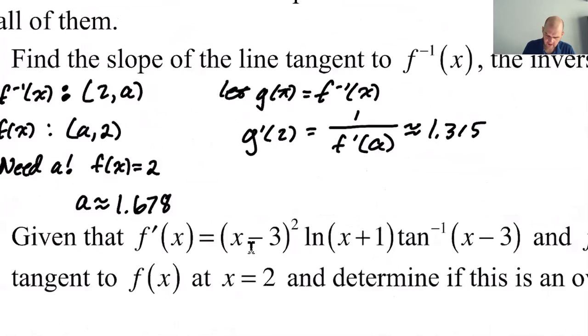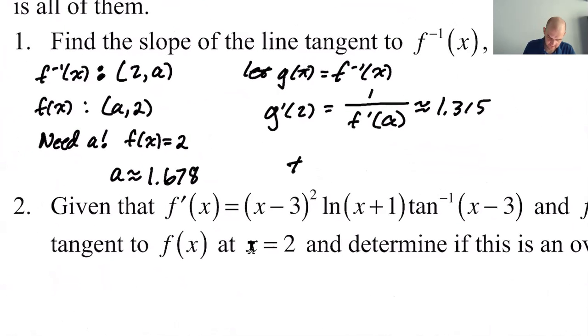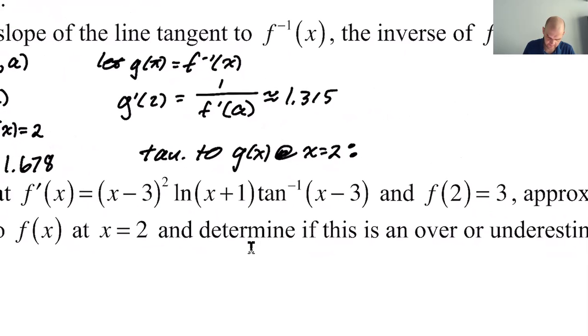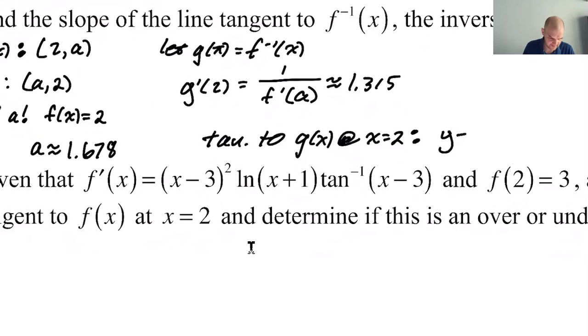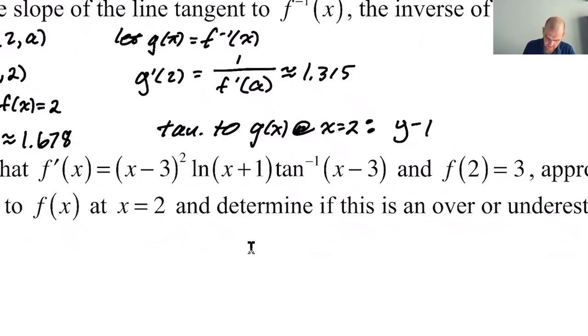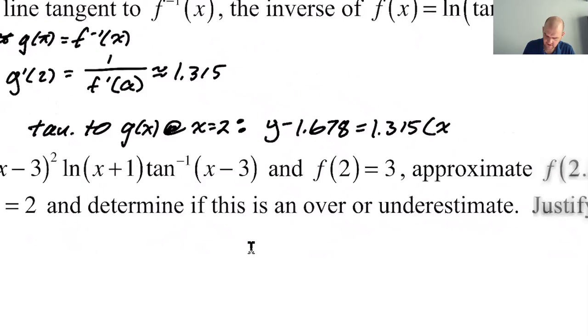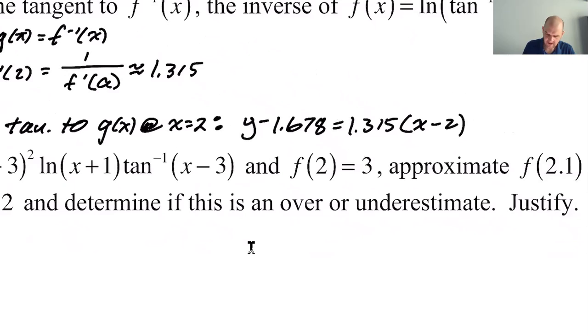So now our tangent line, tangent to g of x at x equals 2, is going to be y minus, so the y coordinate is 1.678, and then x minus 2.